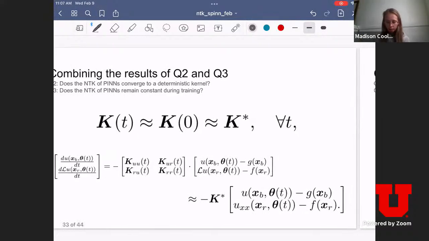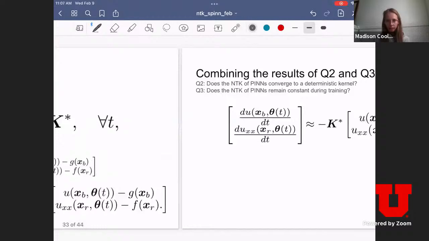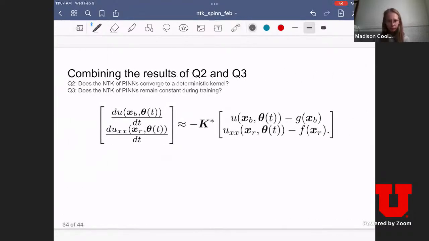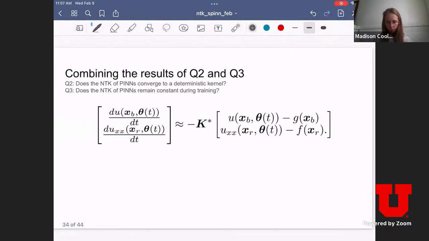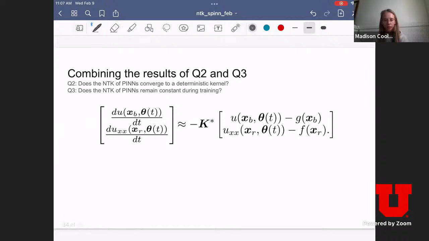Yes, and so they're using this because from this form you can derive a certain eigenvalue decomposition form, looking at the eigenvalues and eigenvectors of K star. And that gives you the convergence rate for certain components of the function.